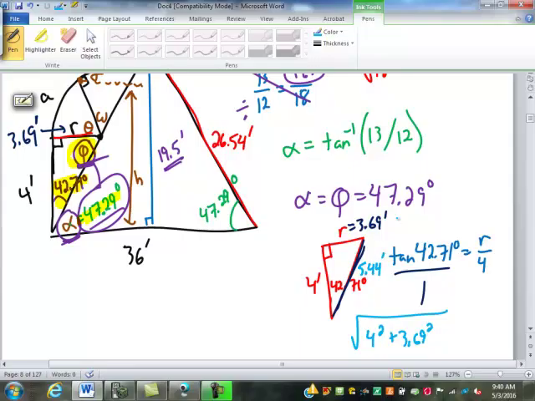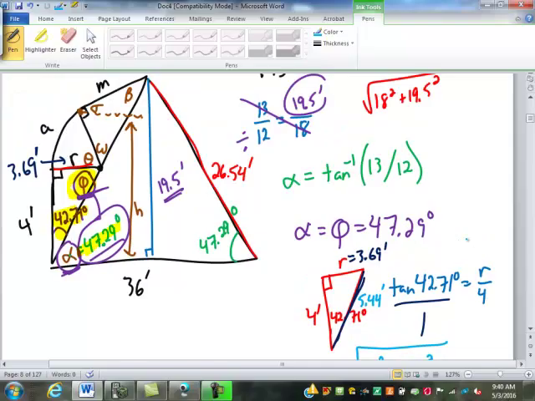Why is that important? Well, because if this piece is 5.44, this piece has to be 26.54 minus 5.44. It's 21.10.